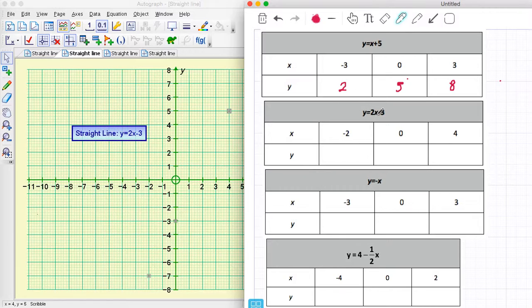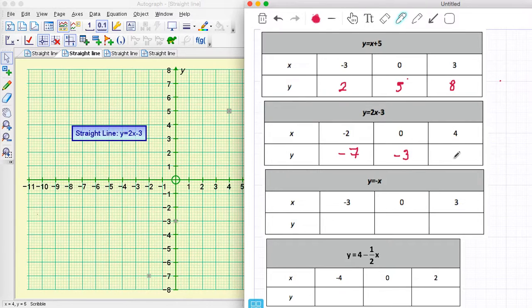So -2 goes into here, so it becomes 2 times -2 minus 4, minus another 3, minus 7. And you can actually see there that I've plotted -7 against the -2. Okay, my favourite number 0 goes in, and I get -3 out.